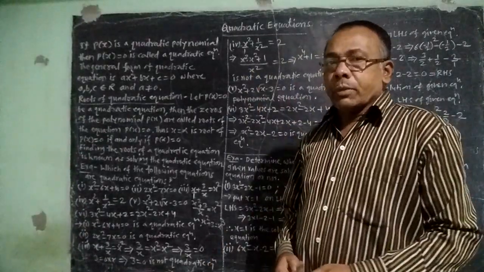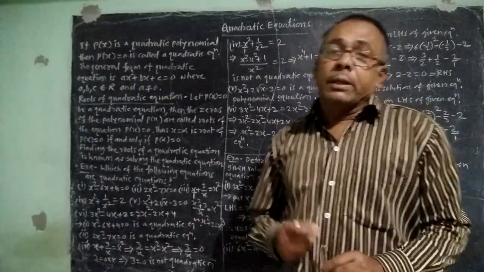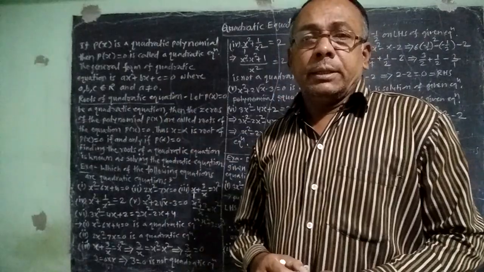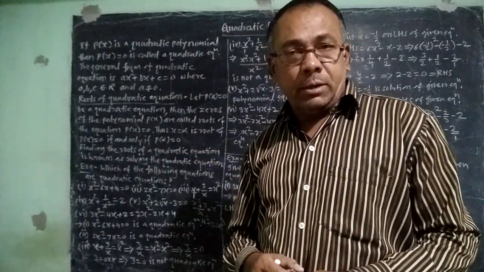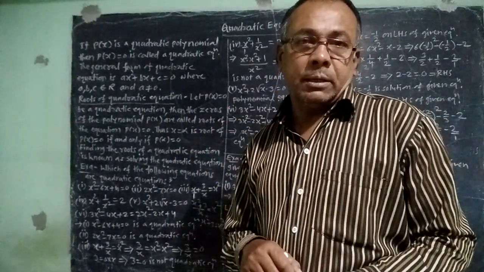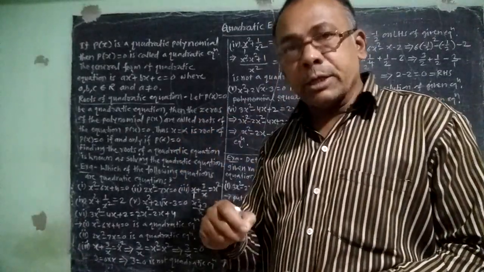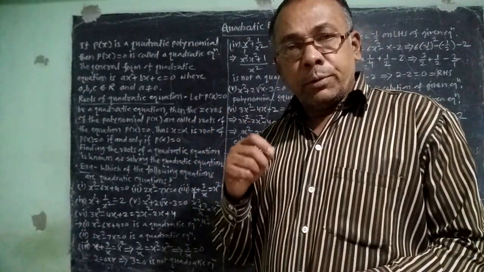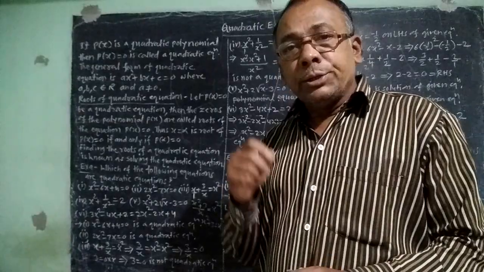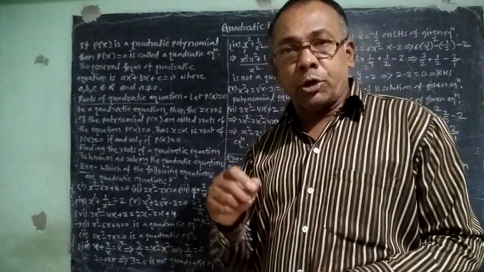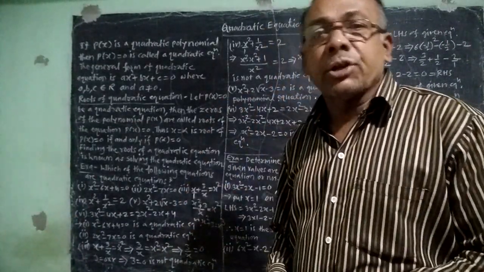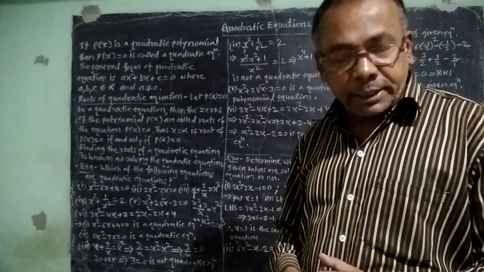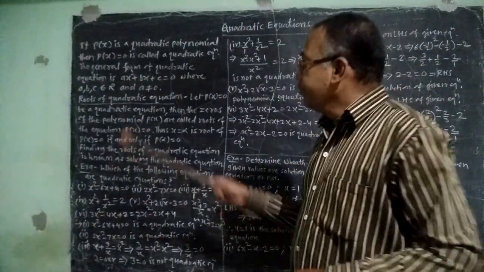Now, last time we have seen the roots or zeros of the polynomial. Similarly, here also we have to find the roots or the solution or the zeros of the quadratic equation.